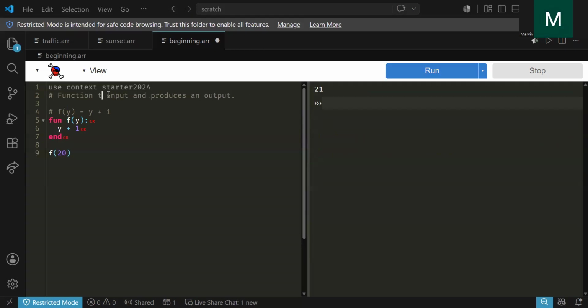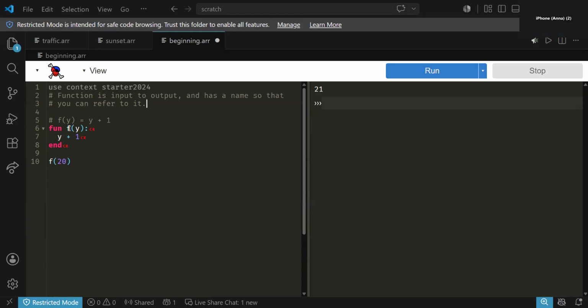Another way of understanding it is function is input to output. Another thing is that it has a name so that you can refer to it. So there are three components: input, output, and name.